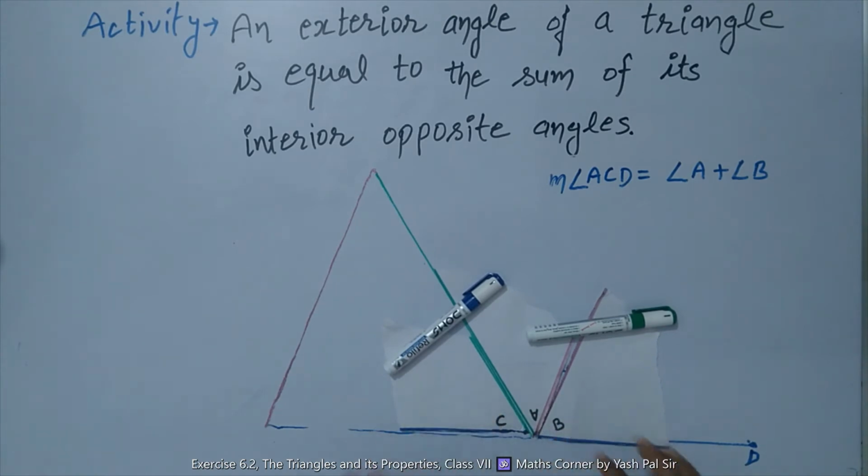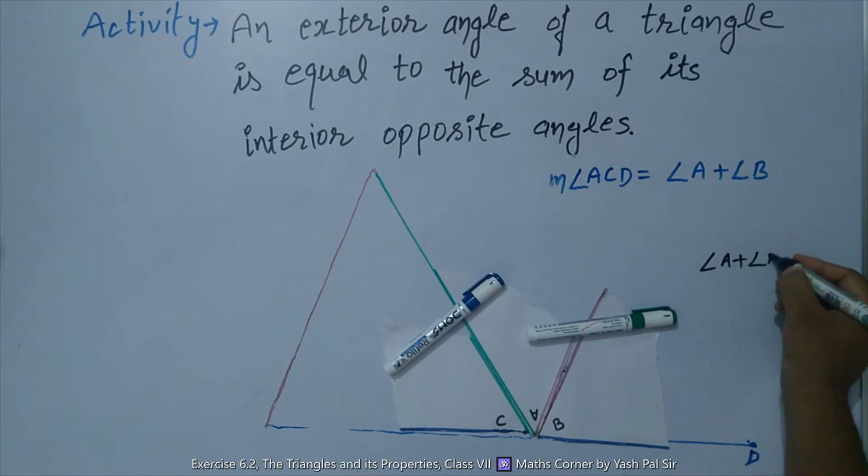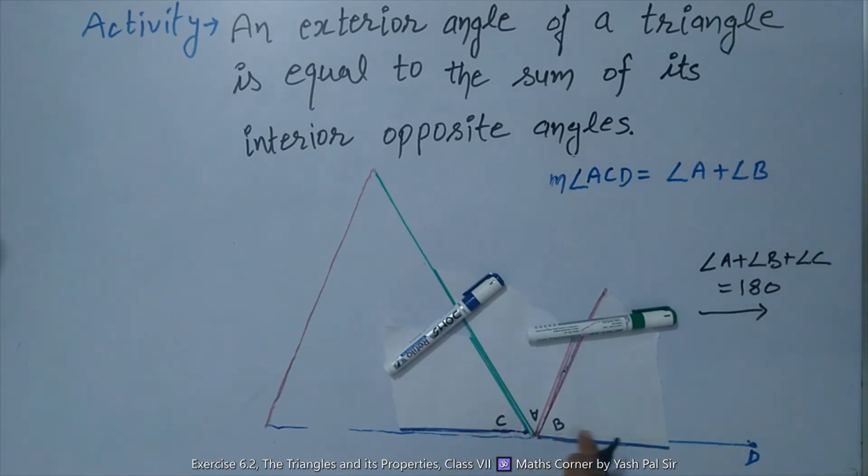We see that angle A plus angle B plus angle C are on the same line. If they are on the same line, it means the sum of angle A plus angle B plus angle C is equal to 180 degree, because these three angles lie on the same straight line.